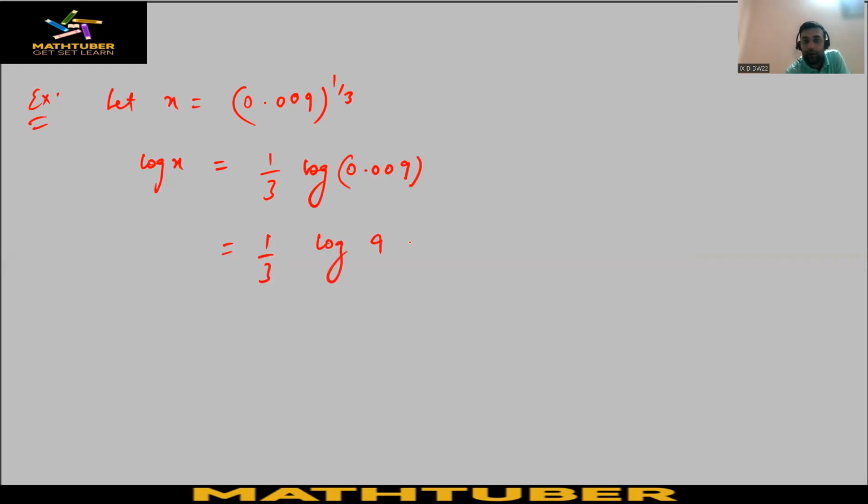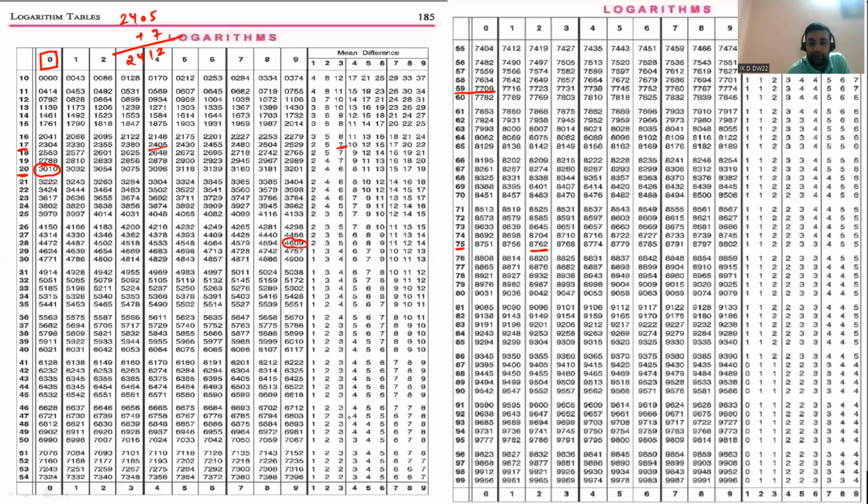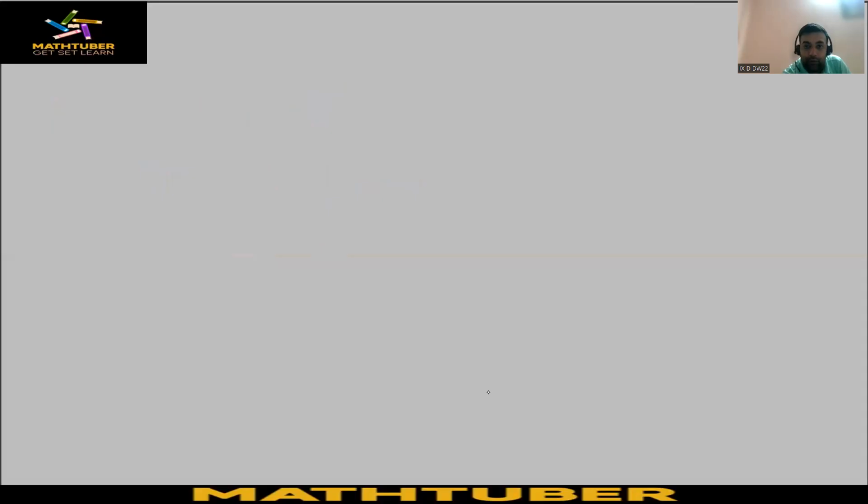So it will be log of 9 into 10 raised to power minus 3, right? So 1 by 3, 3 bar plus log of 9. Now you have to find the value of log 9 for 0th column. So let us find out log 90 for 0th column here. Log 90 for 0th column is 9542.